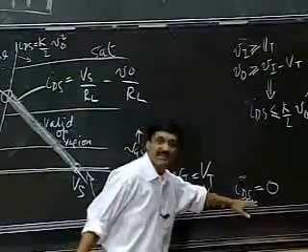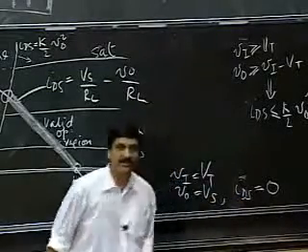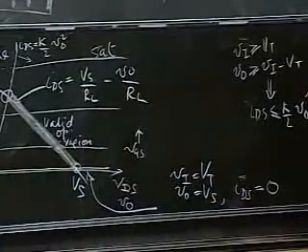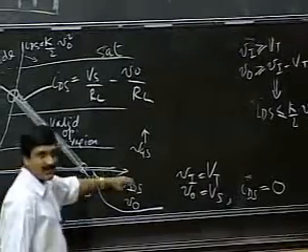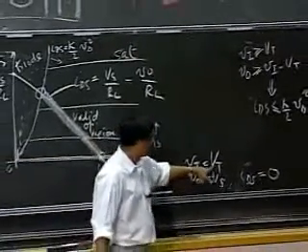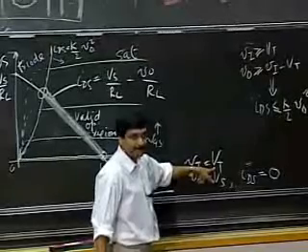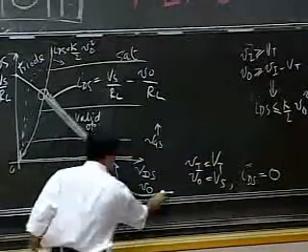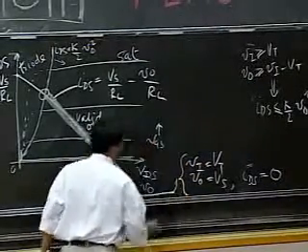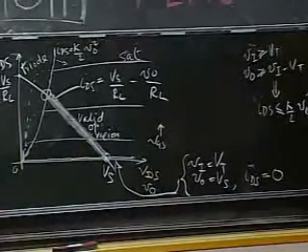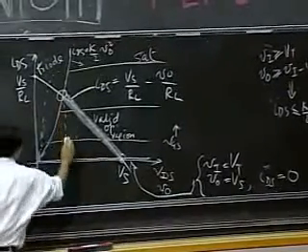So V naught and IDS being VS and 0 correspondingly are the output operating parameters when VI equals VT. Okay? So that's one point.